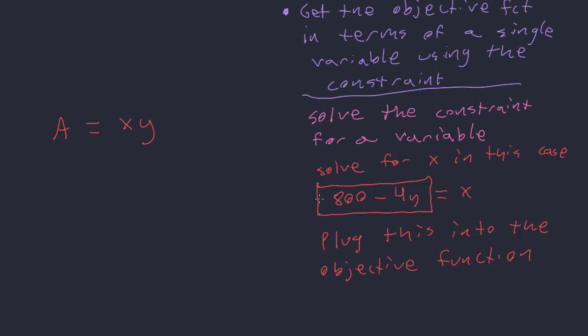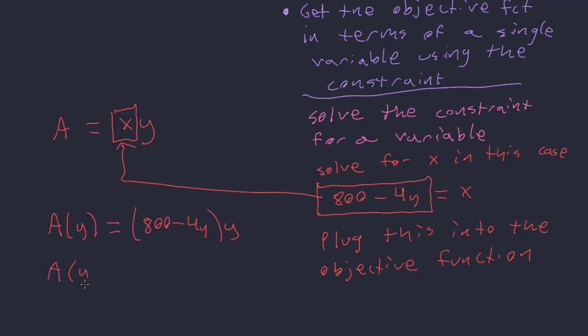We're going to replace the x with that 800 minus 4y. So when we do, we get A, which now I can call A of y, is equal to 800 minus 4y times y. Okay, now A of y, I could distribute this y across and say that that's 800y minus 4y squared. And there we go. This is the updated objective function.